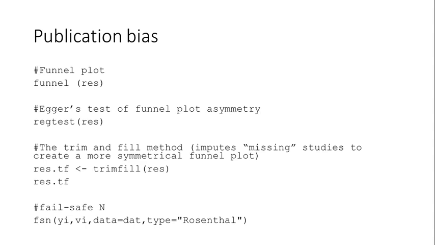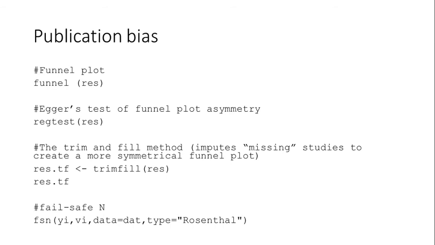And then there's a thing called the fail-safe N, which tells you the number of non-significant studies you'd need to have found or to add in order for your pooled effect size to become itself non-significant. Does that make sense? So, for example, in one that I ran, it gave me like 1,600 non-significant studies that would need to be added into the meta-analysis in order for my pooled result to then be non-significant itself.